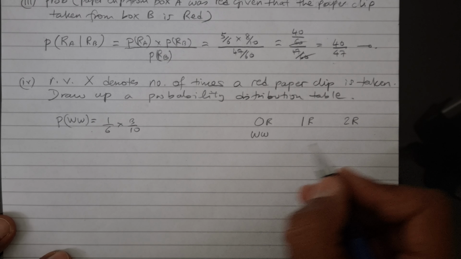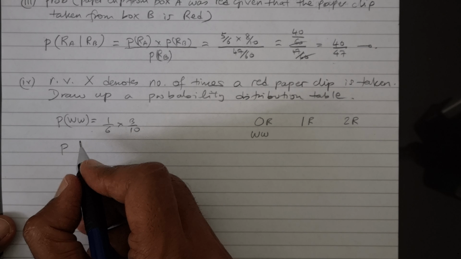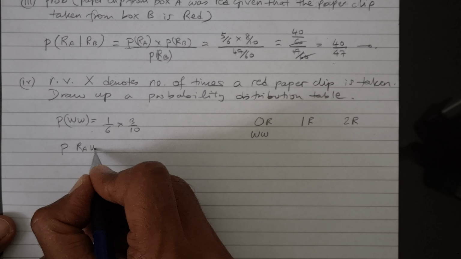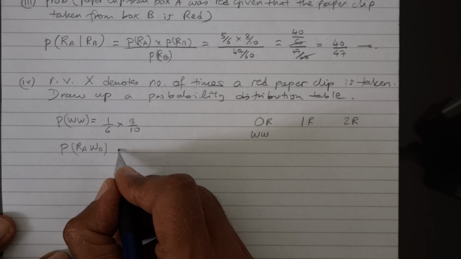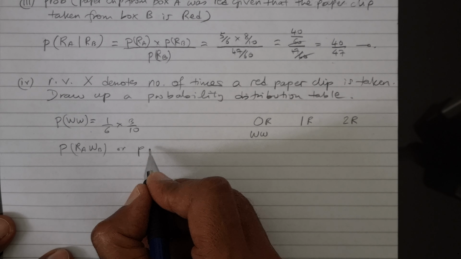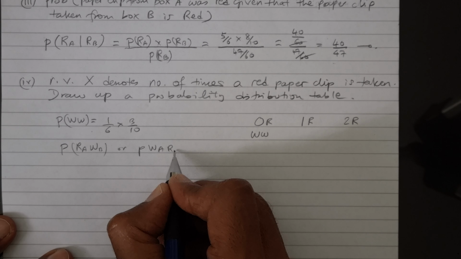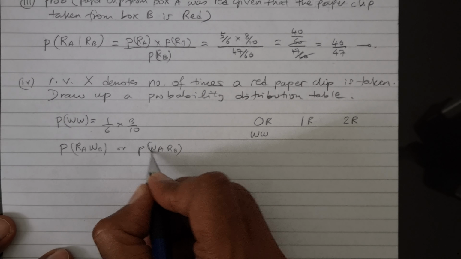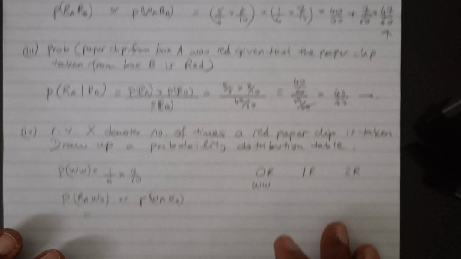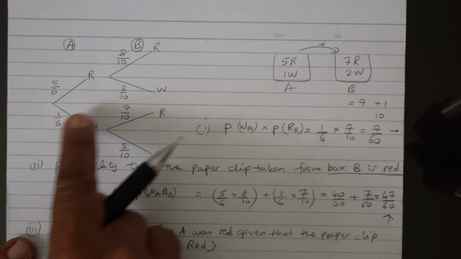What's the probability of getting one red paper clip? The probability of 1 red paper clip is going to be either red from A times white from B from the tree diagram, or white from A times the probability of a red from box B. So looking at the tree diagram, we take 1 red and 1 white: red, white, white, red.